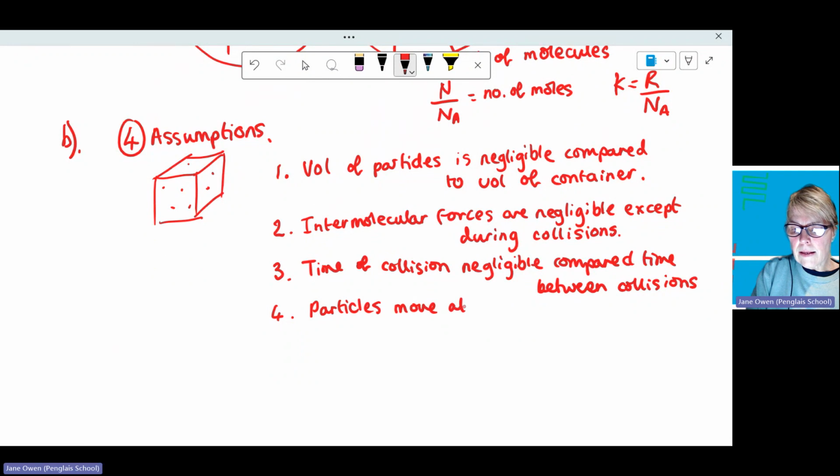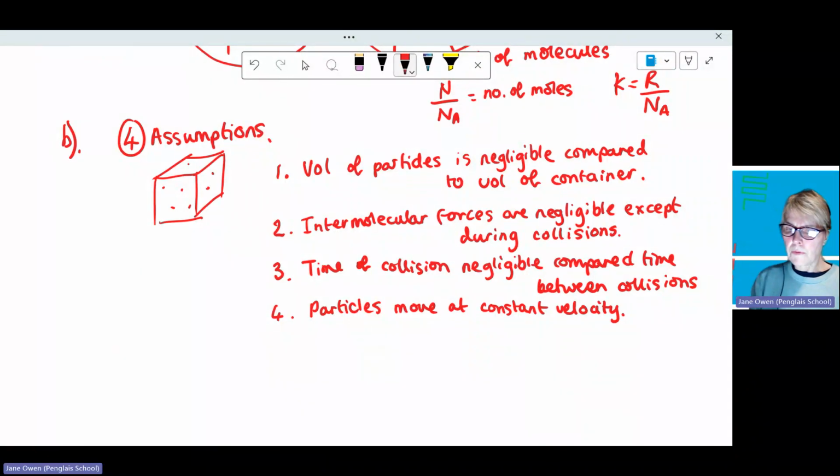The particles move at a constant velocity. There are no forces acting on them, so they won't be accelerating. The particles are assumed to have negligible volume, so there's nothing in the way of them until they hit the wall. So constant velocity, they're moving with the same speed in the same direction.